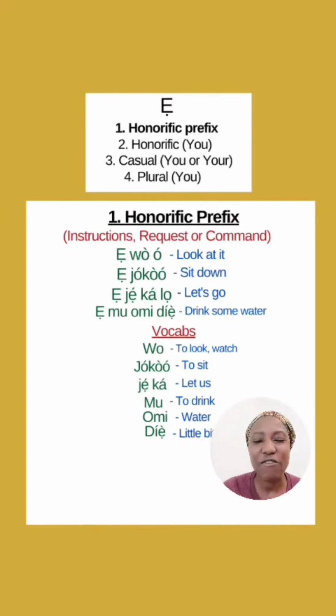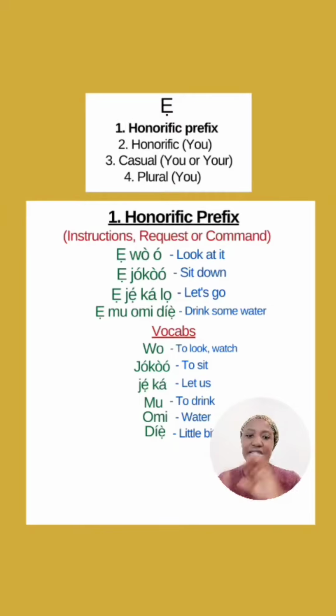So for example, if you have the word happy in English, and you add the prefix un before happy, it becomes unhappy. It changes the meaning of happy to unhappy, which is positive and negative. Now, prefix in Yoruba works a little bit different.